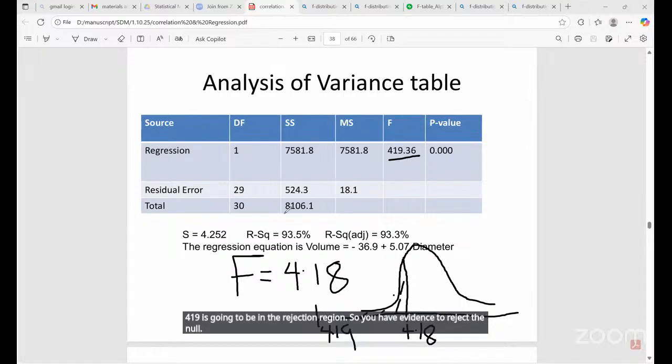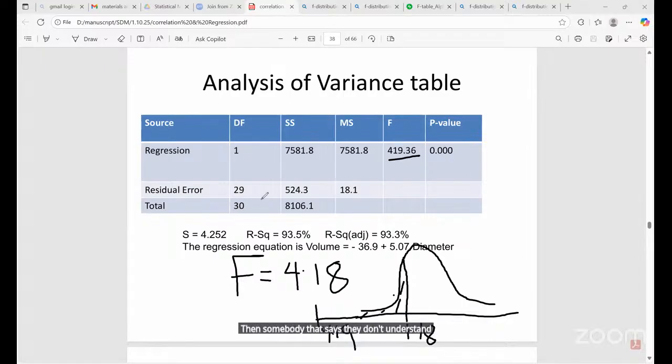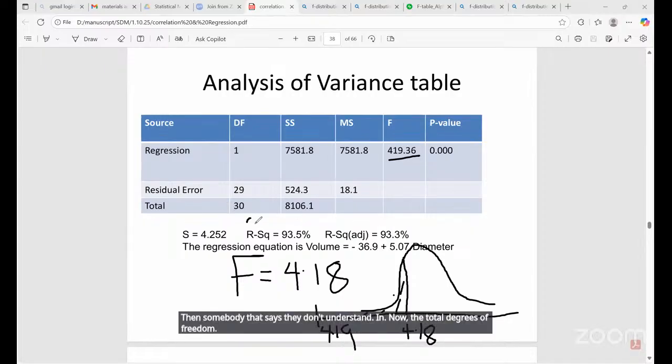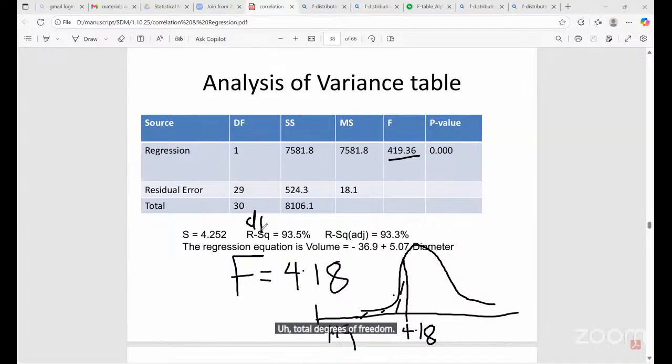Then somebody says they don't understand N. Now, the total degrees of freedom is equal to N minus 1. So if we have total degrees of freedom at 30, so we have 30 is equal to what we don't know, N minus 1.